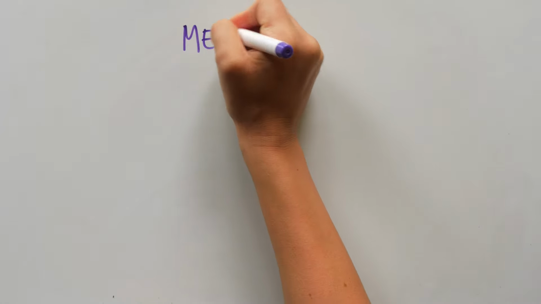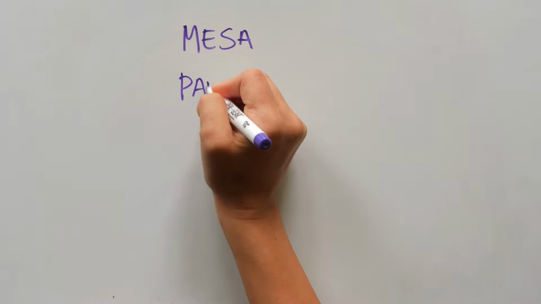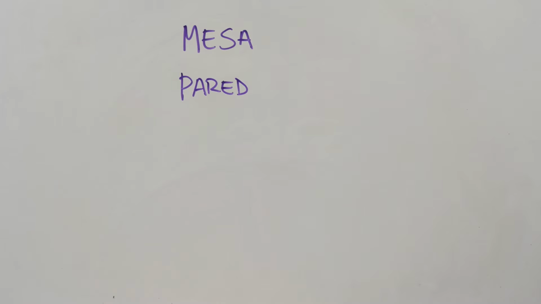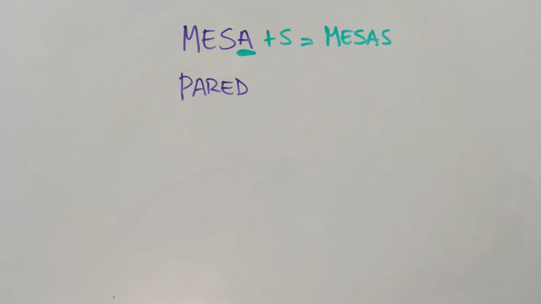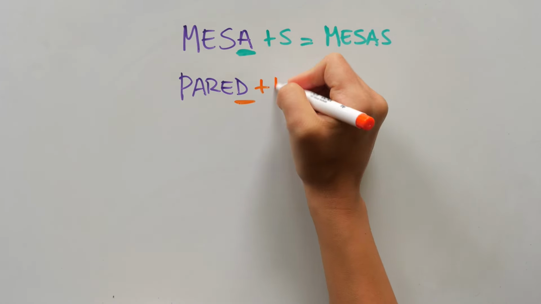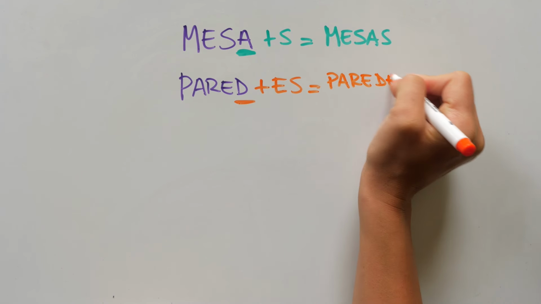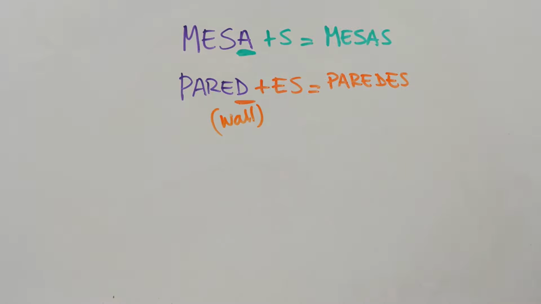But how do I know when to add s or es to turn a singular into a plural? Well, again, as a general rule, if this palabra or word ends in a vowel, then we just add the s. Whereas if the palabra or word ends in a consonant, we are going to add es.